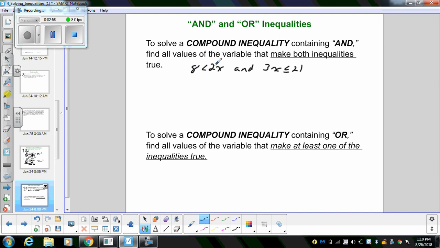So that would be 8 divided by 2, which gives me 4 is less than x. And if I divide both sides over here by 3, I'll then get x is less than or equal to 7. Alright? So when it actually has the word and, it makes both statements true.